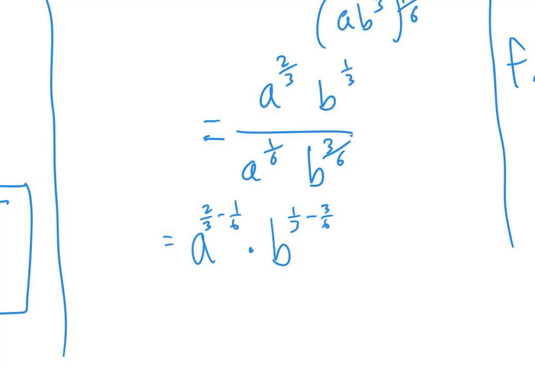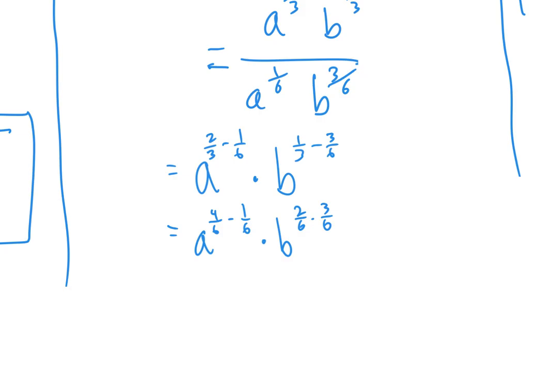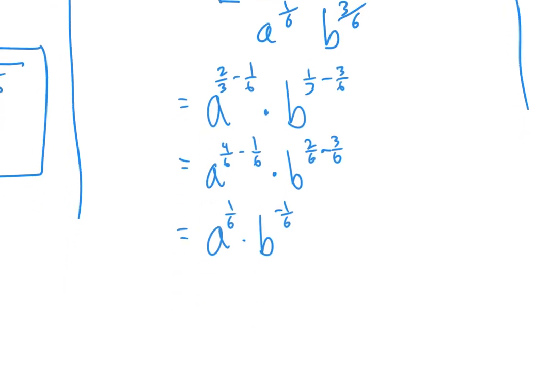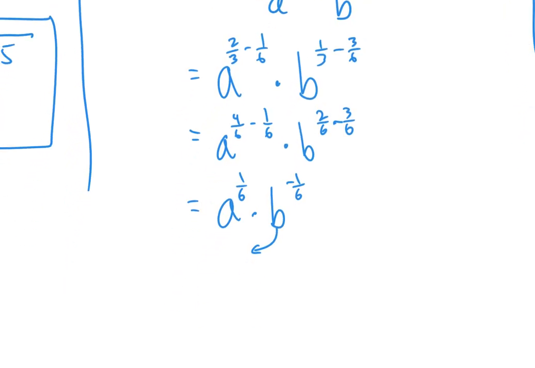Okay. And so we need a common denominator. Common denominator is 6. So 2/3 is the same as 4/6. And 1/3 is the same as 2/6. Okay. So we can get a to the 1/6 times b to the negative 1/6, which means this thing is going to go downstairs because of the negative power.